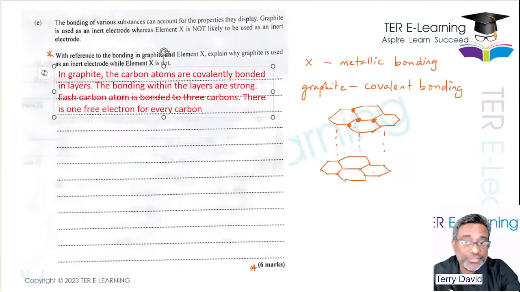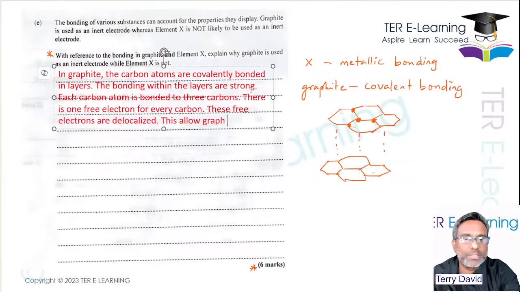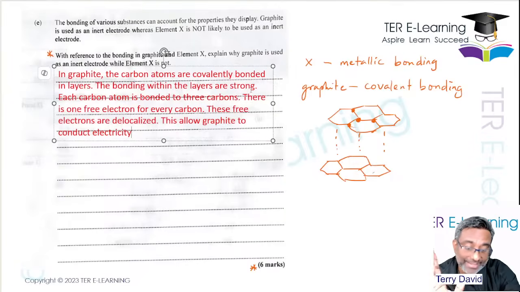These free electrons are delocalized, and this allows graphite to conduct electricity. That is why graphite is able to conduct electricity.